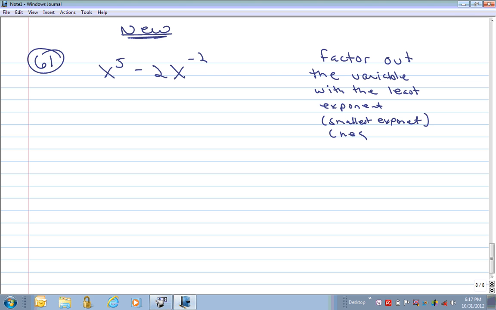Often that means the negative exponent. All right, and then we're going to simplify that.